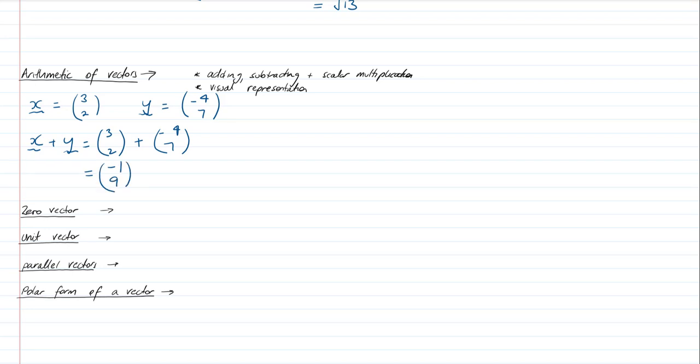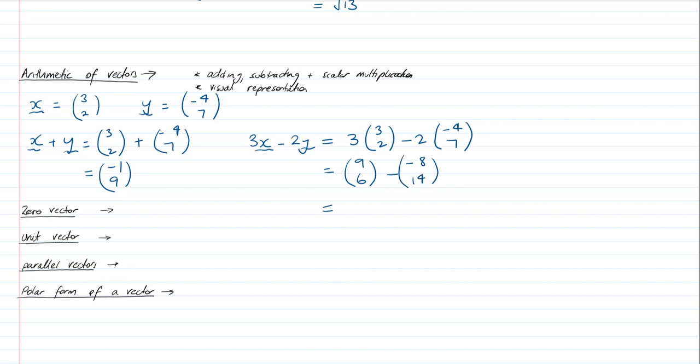Subtraction happens the same way, and for scalar multiplication, 3x minus 2y, we'll do that scalar multiple, which is 3 times 3, 2, minus 2 times negative 4, 7. This will be equal to 9, 6, minus negative 8, 14, and 9 minus negative 8, 6 minus 14. I'm really doing this longhand, so you don't have to go quite this far, but I end up with 17, negative 8 as my vector there.